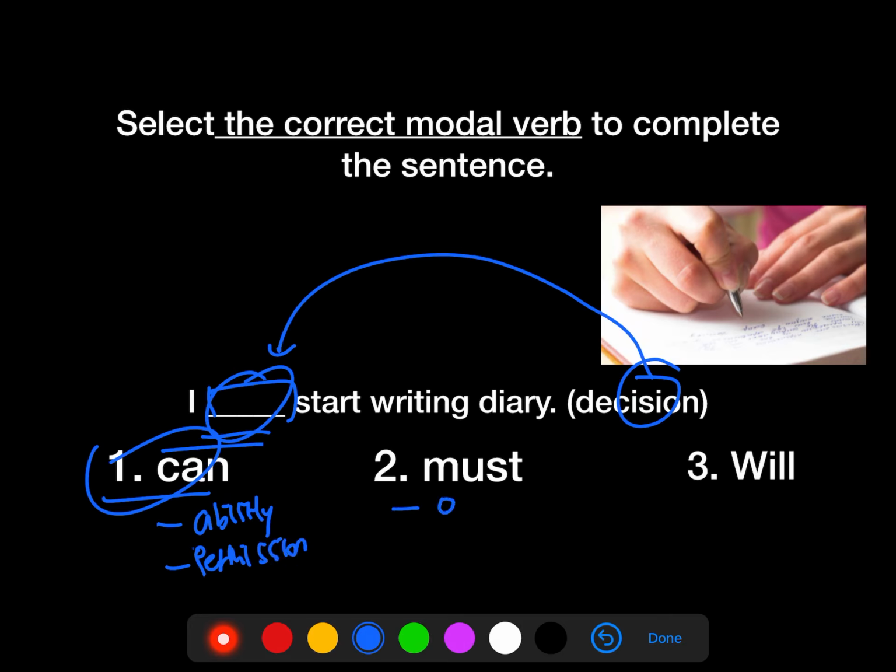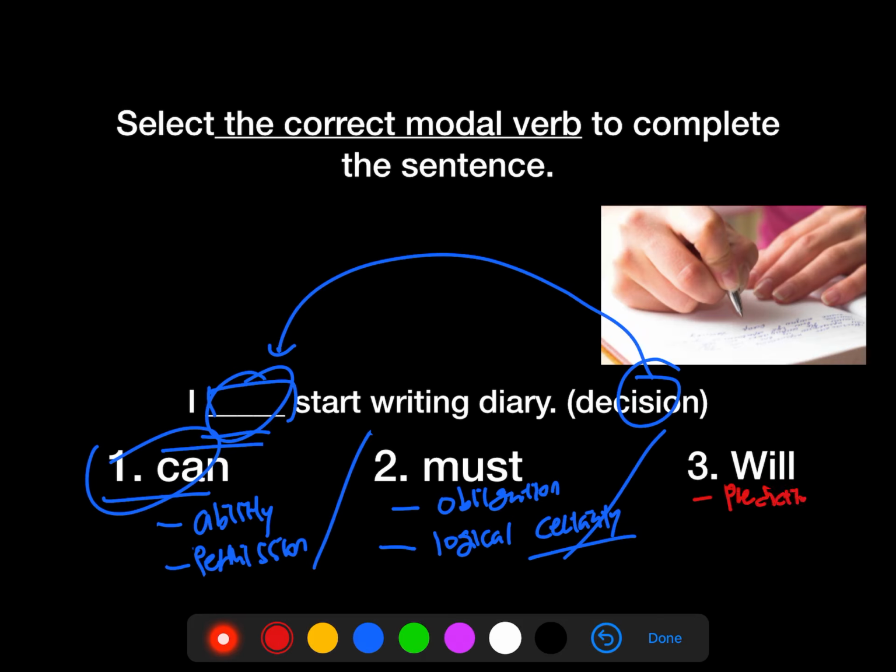Must, obligation. You must do it. 100%, no exception, logical certainty. Apartments in New York must be expensive, certainty. Will, prediction, it will rain tomorrow. And then, decision.